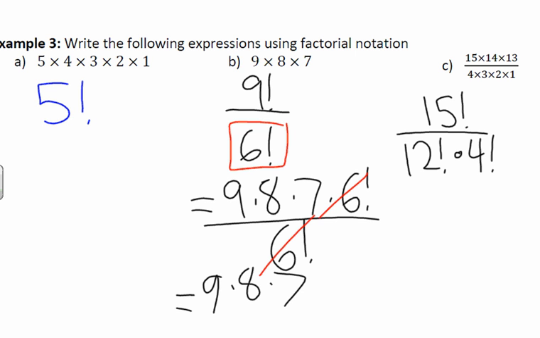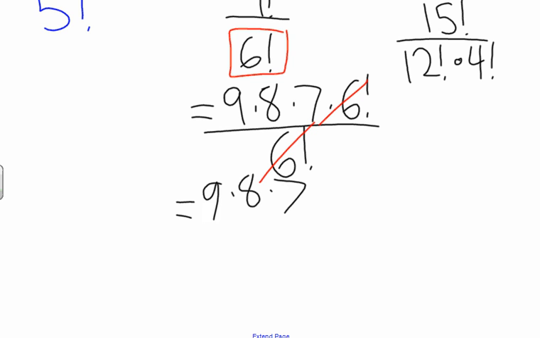Yes. Yeah. Do you want to? Okay. So if we take a look at the top, the numerator of this question, we have 15 times 14 times 13, right? I'm just going to give myself a bit more space here.